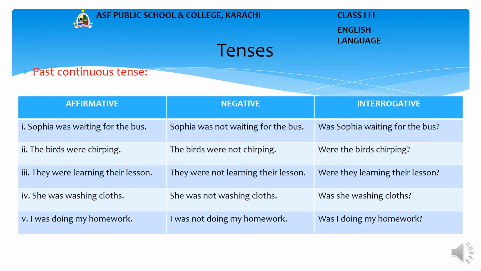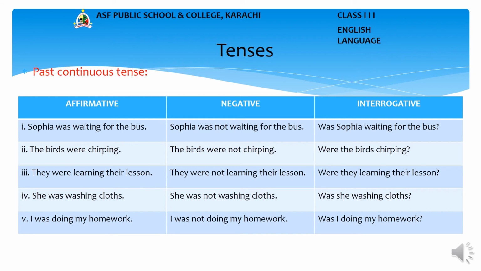Now look at the second example of affirmative sentence. The birds were chirping. In this sentence, the birds are a plural noun. That's why we use helping verb were and similarly add ing with first form of verb. Now look at the negative sentence. The birds were not chirping. In negative sentence, we use not after were.